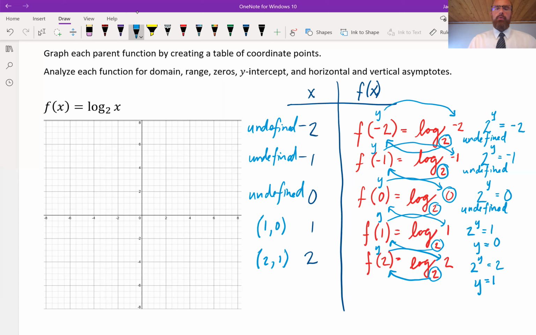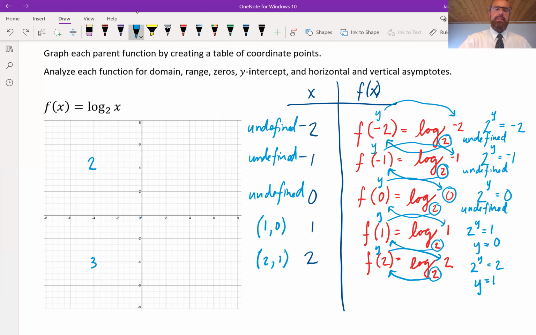So let's graph what we've got. Now I've got a lot of undefined values, which says for me that quadrant 2 and quadrant 3 are not where our function lives. So quadrants 2 and 3, see how all those x values that are in between quadrants 2 and 3, those are all negative x values, including 0.